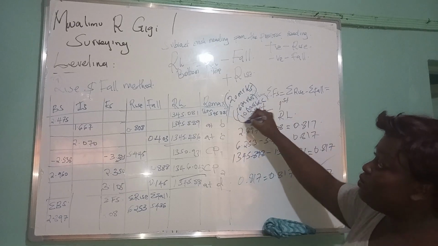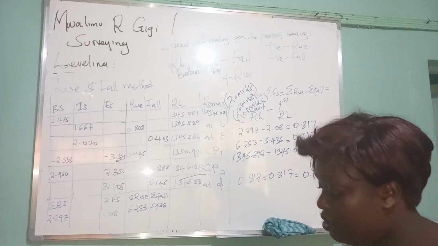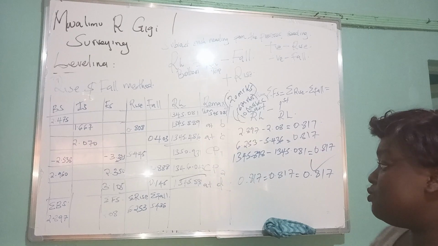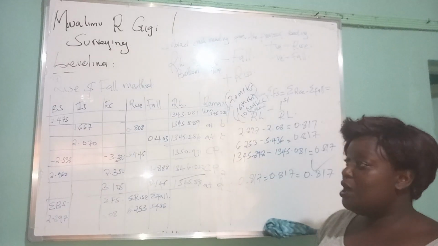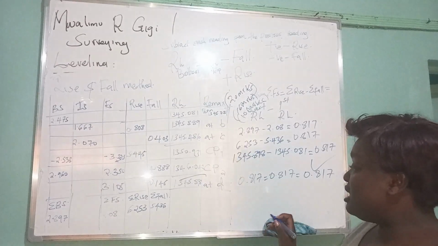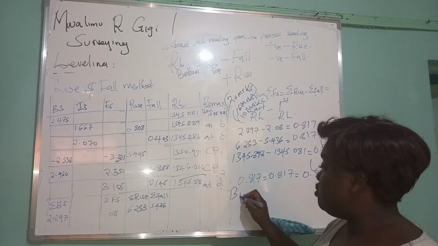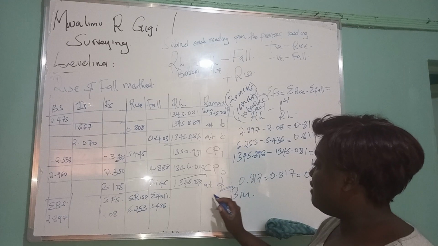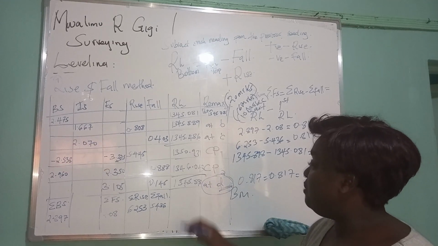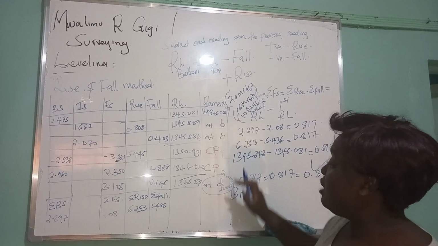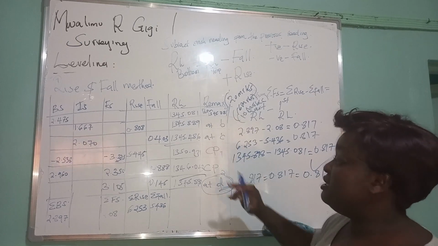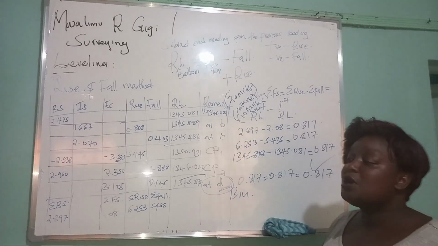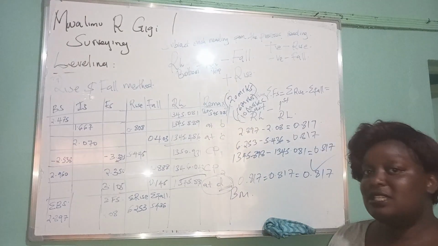We will look at this question as we go by. Next, we want to look at when you have been given the benchmark maybe at the bottom, or in the middle. We will look at that in our next video.